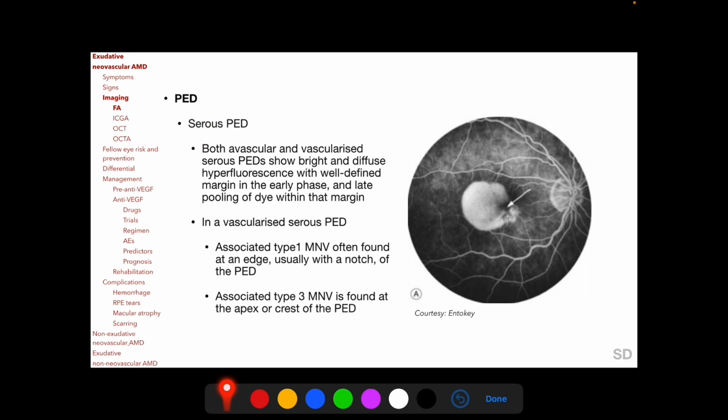Serous PED, both avascular and vascularized, shows bright and diffuse hyperfluorescence with well-defined margins in the early phase and late pooling of the dye within that margin without any leakage. For a vascularized serous PED, associated type 1 MNV is often found at a notch in the margin of the PED as shown here in this photograph, and associated type 3 MNV is often found at the apex or crest of the PED.